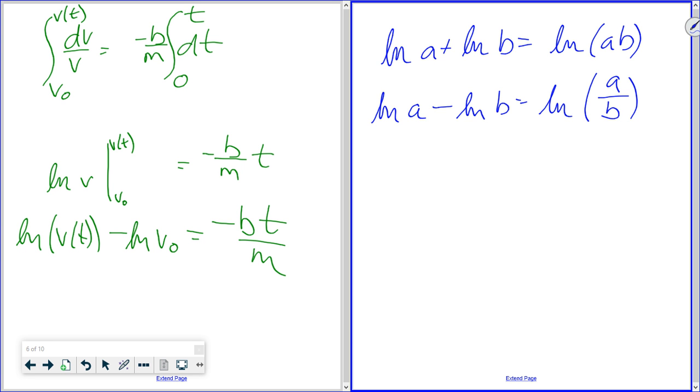While we're talking about general log properties, a couple other quick things. You guys all know that if you've got an equation that has a natural log, you can rewrite it as e to the equation and vice versa. So real quick, here's how that works.